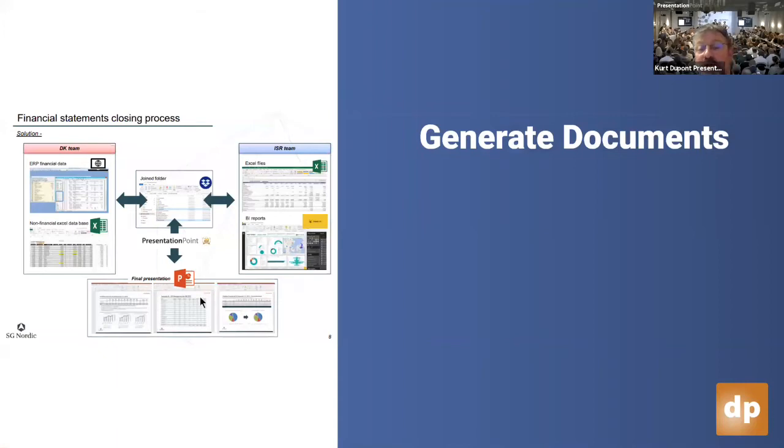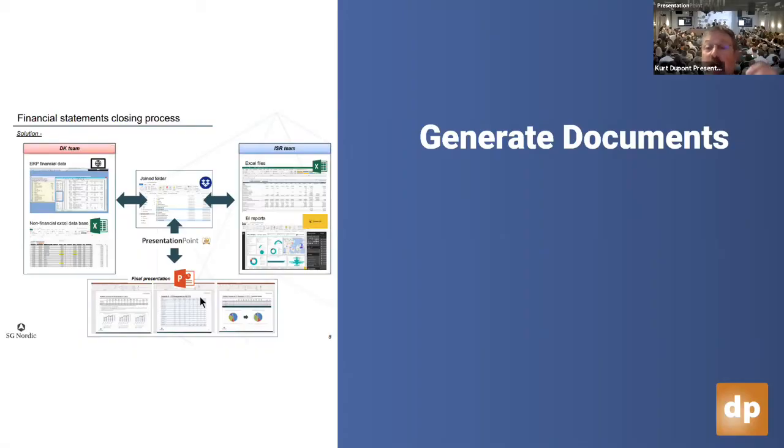Finally, you can generate documents based on the linked PowerPoint presentations that you have. This is called mail merging, where you have, for example, 1,000 products in your database in Excel. You have one slide in PowerPoint. You link the first row of your data set to the first slide.